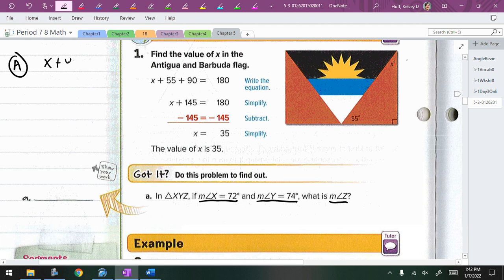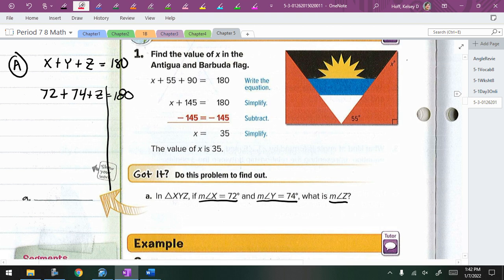X plus Y plus Z equals, say it again, 180 degrees. Now, what do they tell us angle X is? 72 plus, what's angle Y? 74 plus angle Z is what we need to find. I'm going to leave it as a Z, okay? Equals 180.